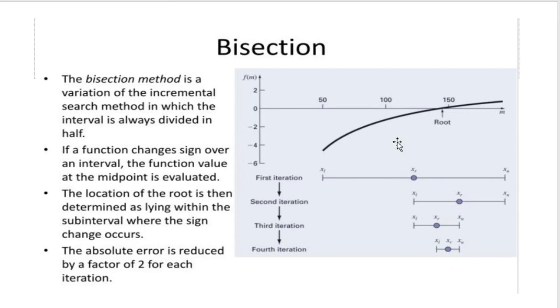So the next iteration search will be between this xr and xu. Here you can see for the second iteration, this is the search range. So what we have done is we have just shifted. This becomes now the lower limit of the range, and this becomes the upper limit of the range for the search of the root.